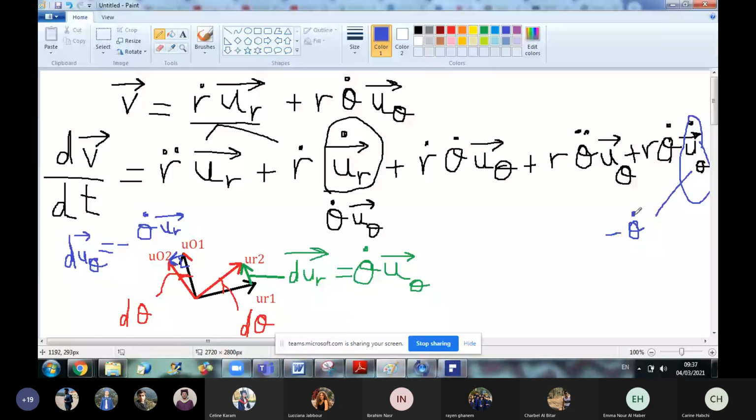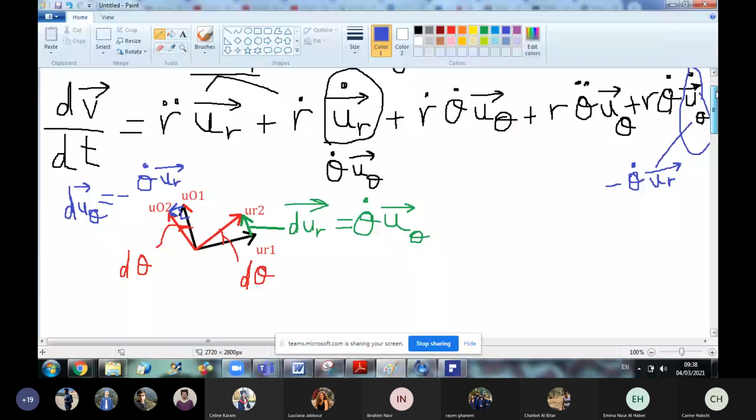Okay, so in total we have components along UR and components along u theta. So I can write now that my acceleration vector, to find its component along UR and u theta, I will sum all UR components together. What are the UR components? The first component is r dot dot UR. And the second component in UR is this one, r theta dot times minus theta dot UR.